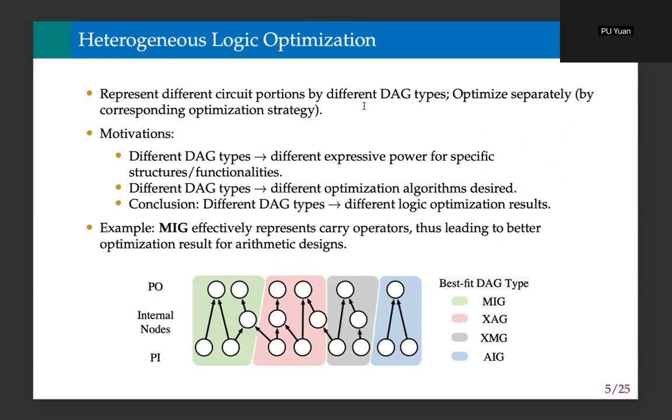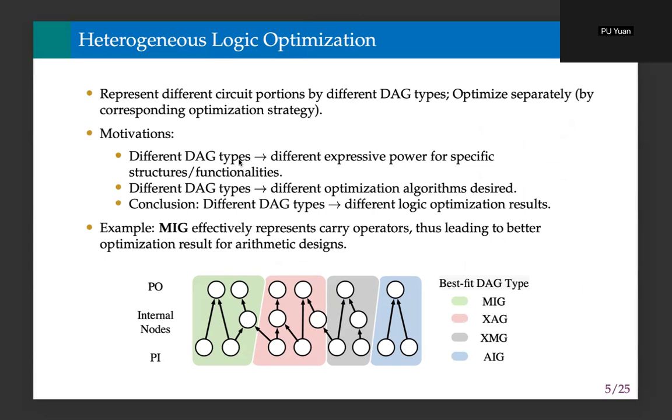Let me introduce one rising trend for logical optimization, which is heterogeneous logical optimization. Its main idea is to represent different portions of the circuit by different DAG types and optimize these portions separately.